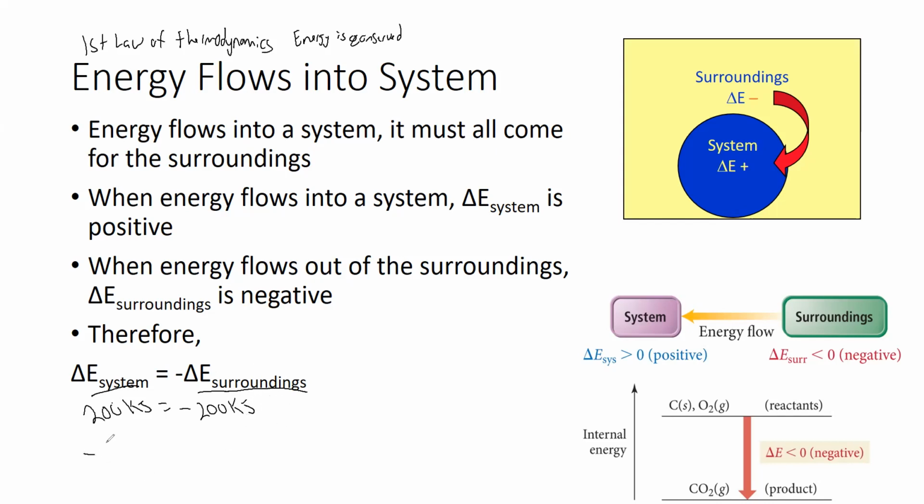If my system loses 50 kilojoules of energy, my surroundings must have gained that same amount of energy. So that's what we mean with that mathematical equation. And that's basically what this whole slide is saying here. Energy is conserved.